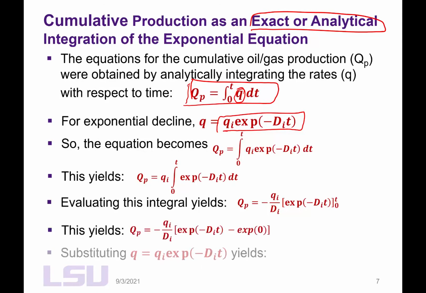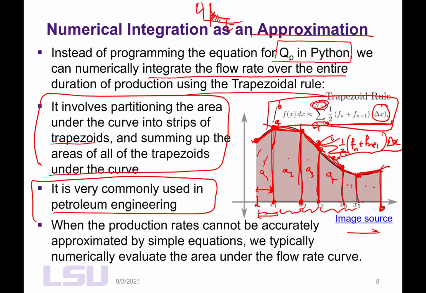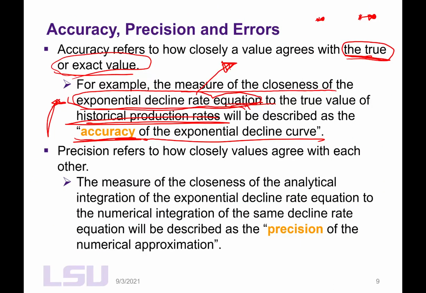In precision, you don't know the true value. So it's just two approximations. So precision is how closely values agree with each other. So I make a prediction, say in one time step, and in the next time step, I'm predicting the value is here. Precision is how closely these two values are. And this is very important in iterative algorithms, meaning you have a loop, say a loop from 1 to 10.